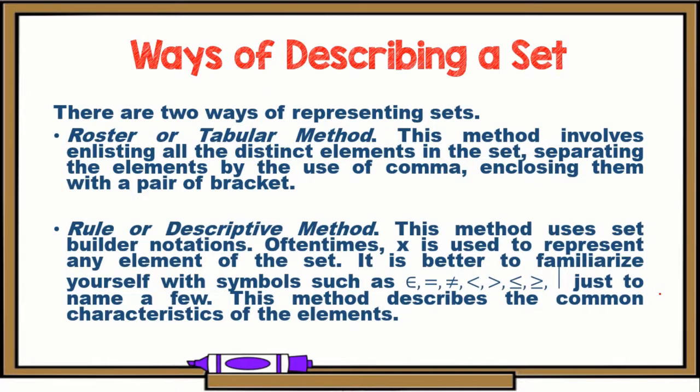The second method is the rule or descriptive method. This method uses set builder notation. Oftentimes, we use the variable x to represent any element of the set.